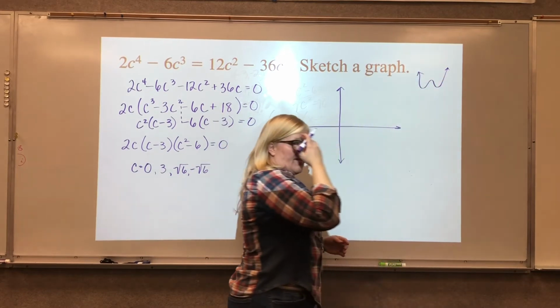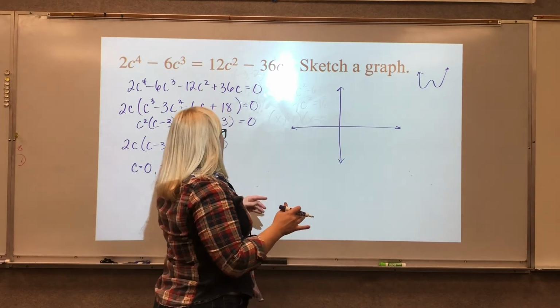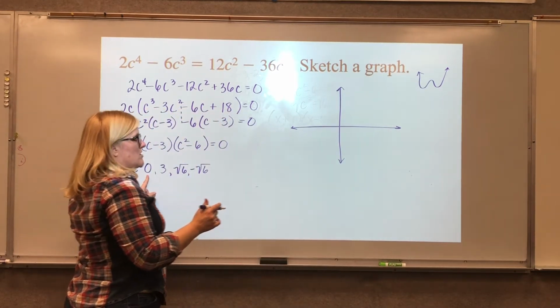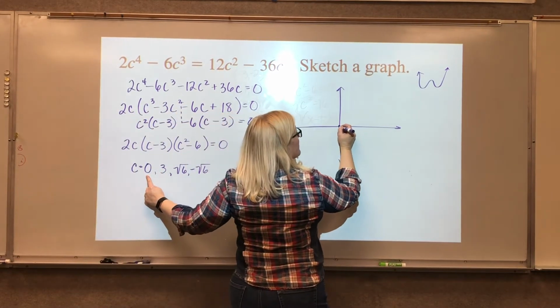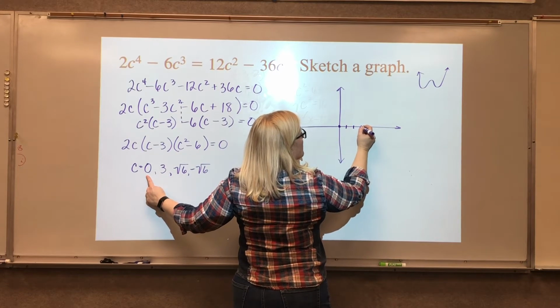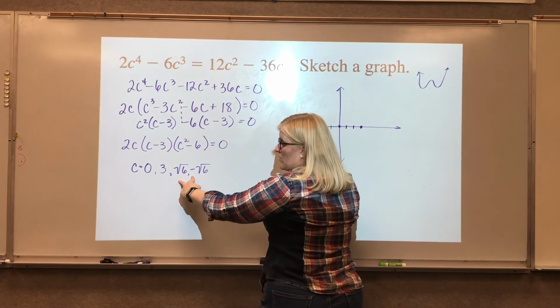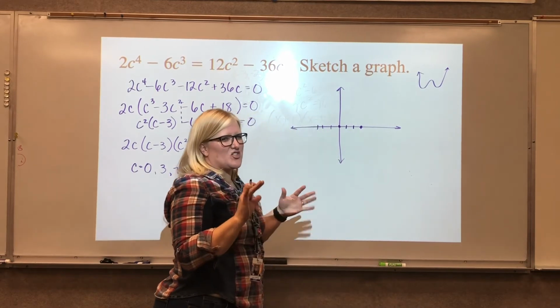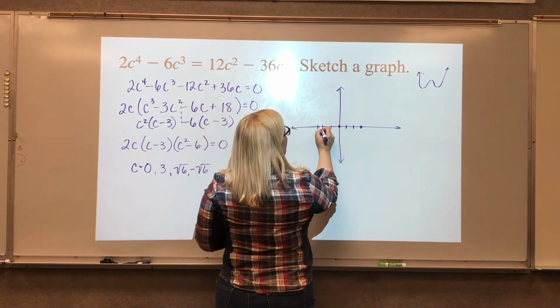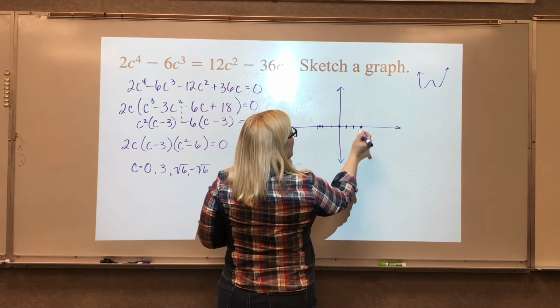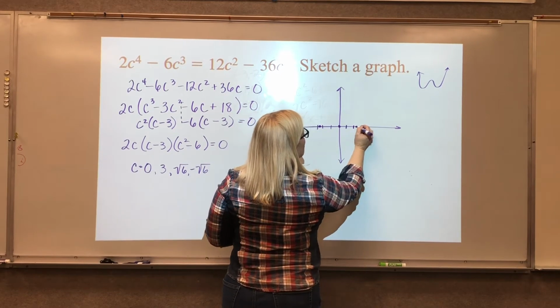Okay, so I've at least got that in my mind. And I know that the zeros are at 0, 3, and plus or minus square root of 6, which is roughly 2.5. So it's going to cross here and also right here.